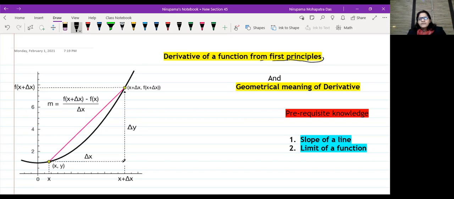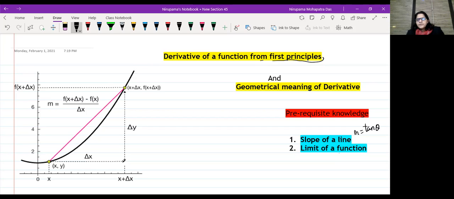To study derivative of a function, we need prerequisite knowledge like slope of a line. We know m equals tan theta, or whenever we are given a line joining 2 points, we can find slope as difference of ordinates by difference of abscissas, and also limit of a function.